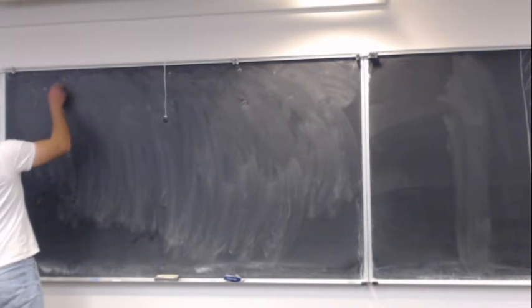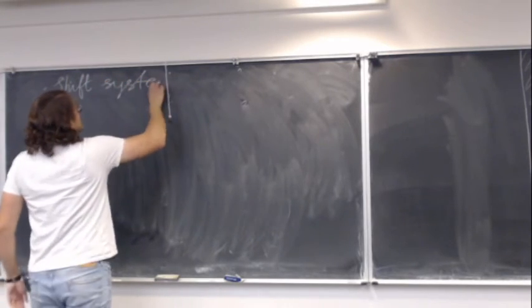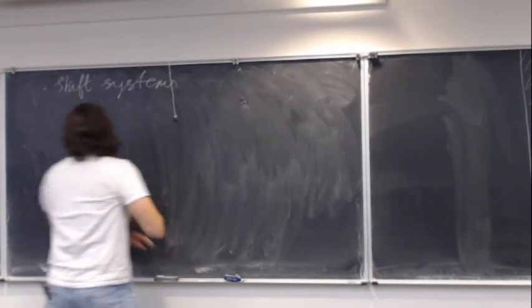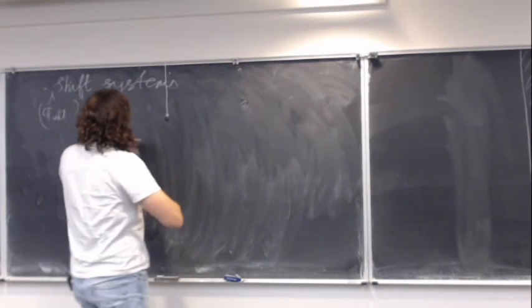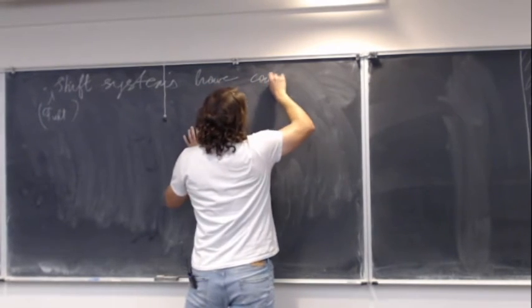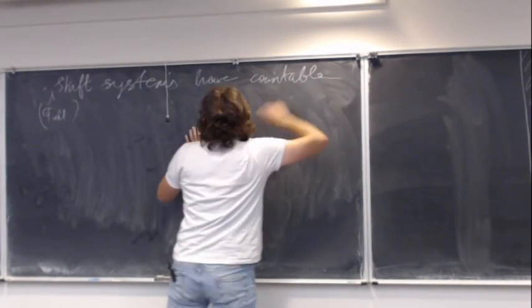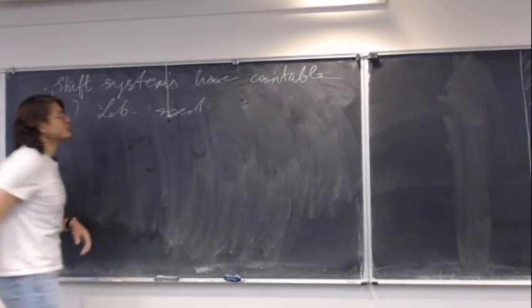So full shift systems have countable Lebesgue spectrum, so they are spectrally isomorphic.